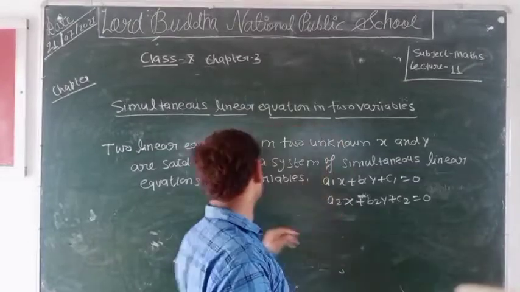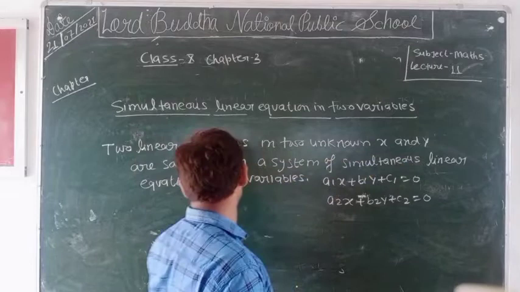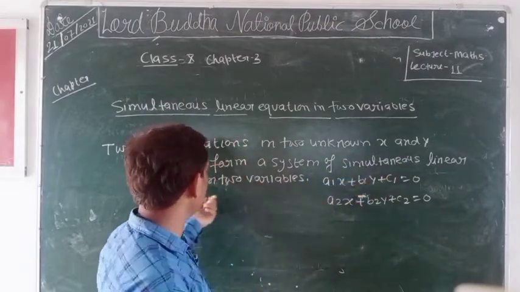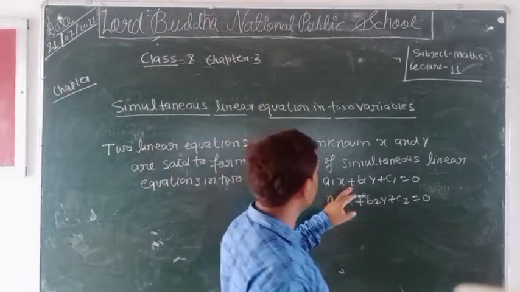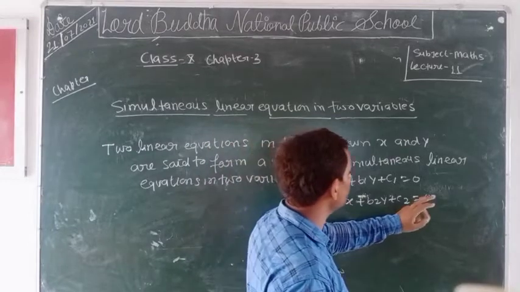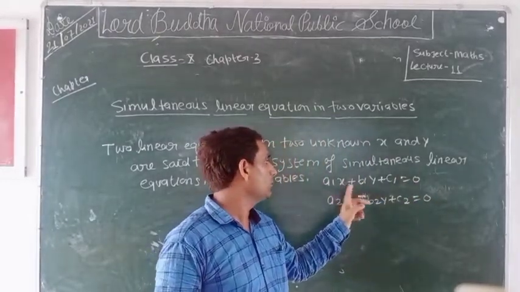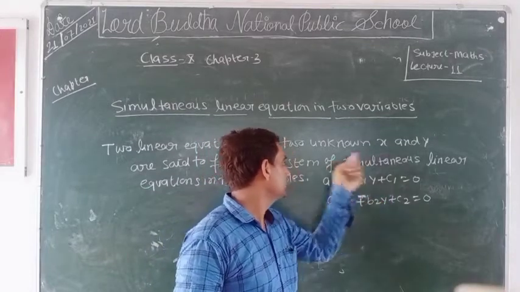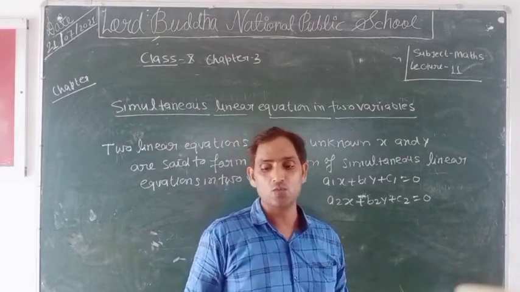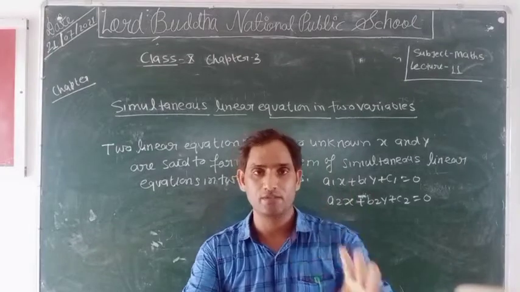Once again, the two linear equations in two unknowns x and y are said to form a system of simultaneous linear equations in two variables, as a1x plus b1y plus c1 equal to 0 and a2x plus b2y plus c2 equal to 0, when the same value of x and y satisfies these two linear equations.